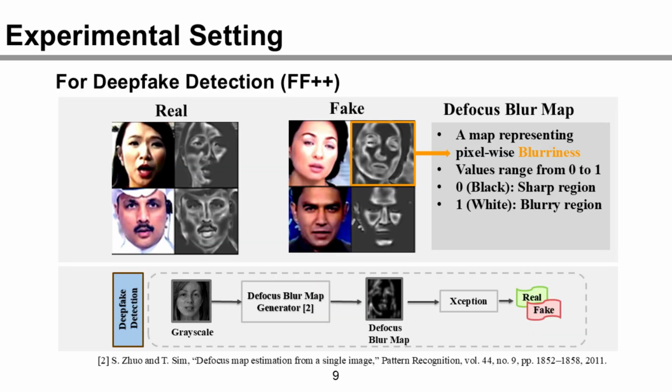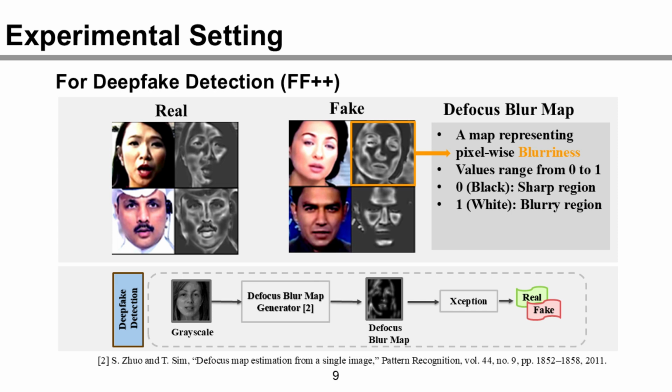Here is our experiment setting. Before diving into the results, let me briefly explain how we generate the defocus blur map. As we can see in this example, we define the defocus blur map as a pixel-wise representation of blurriness, with values from 0 to 1.